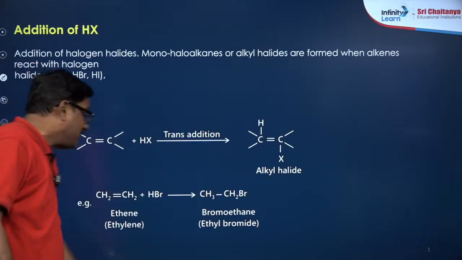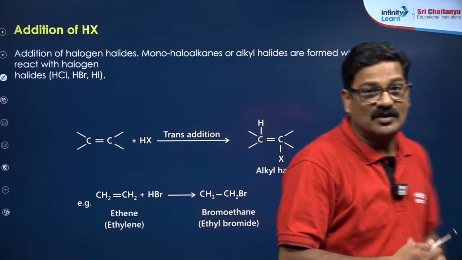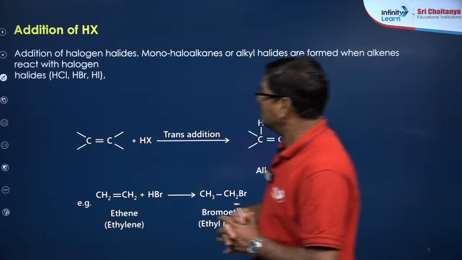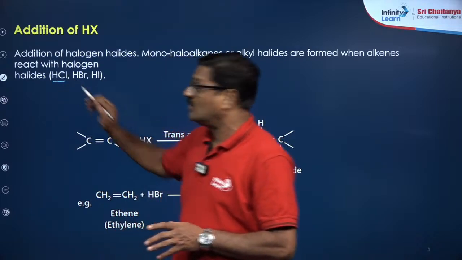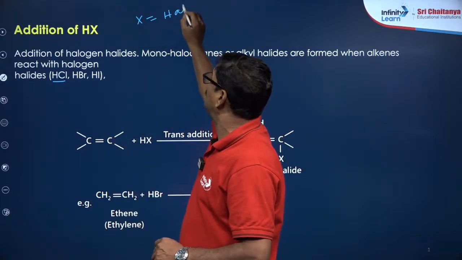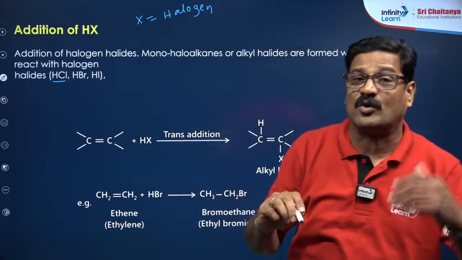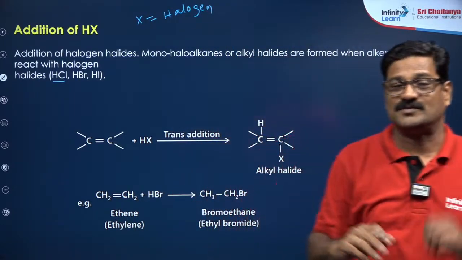Addition of HX, ये भी खतरनाक है, वो भी खतरनाक है, अच्छा बात है. So HX, HX का मतलब क्या है यहाँ पर? HCl होगा. X is a halogen बेटा. Halogen में fluorine, chlorine, bromine, iodine, 4 things will come.